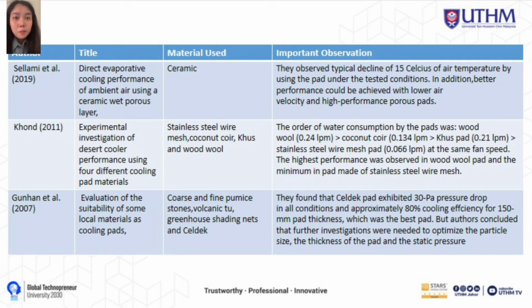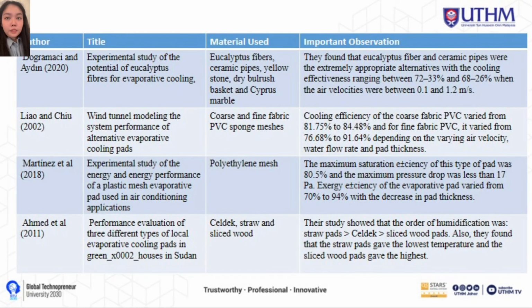For the important observation, they found that the set-up pad exhibited 300 Pa pressure drop in all conditions and approximately 80% of cooling efficiency for 150 millimeter pad thickness, which was the best pad. But the author concluded that further investigation was needed to optimize the particle size, the thickness of the pad, and the static pressure.